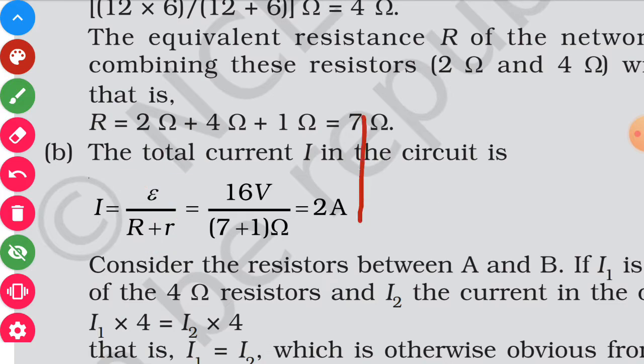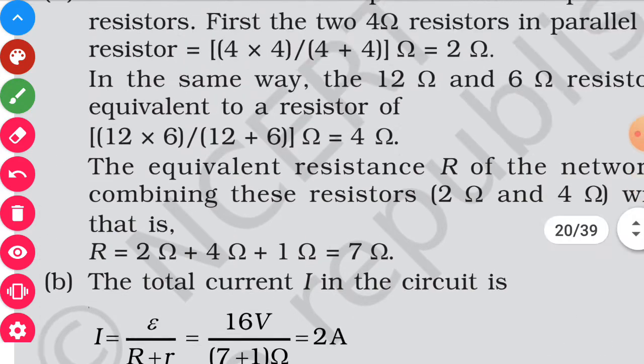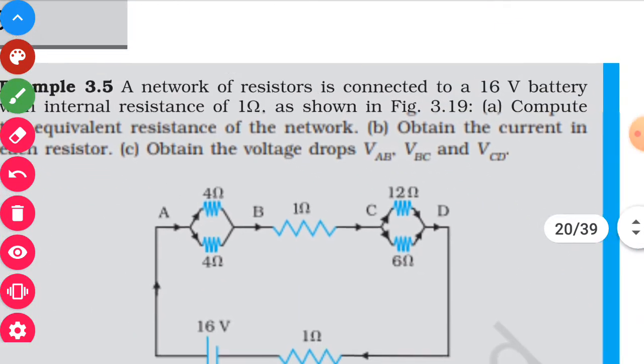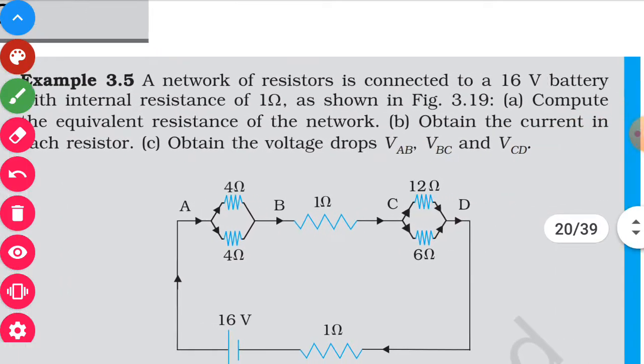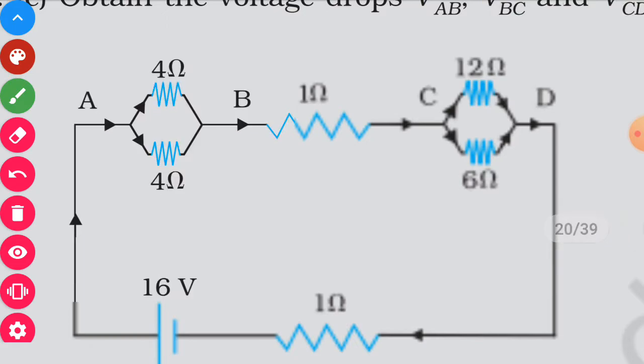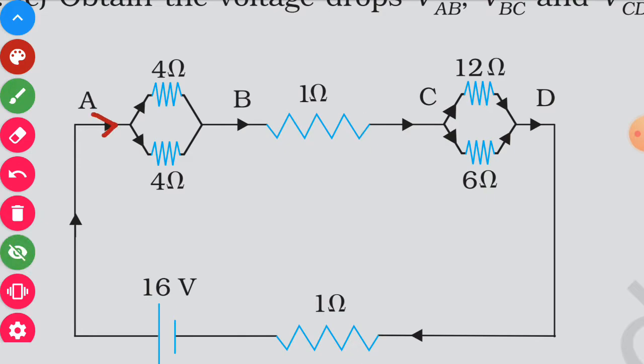Now we have another question. B, obtain the current in each resistor. Now the total current we found. Now see, from the symmetry of the circuit, try to understand. This way you can find it, and there is another way also. See, 2 ampere current comes here and it will be divided into two parts.